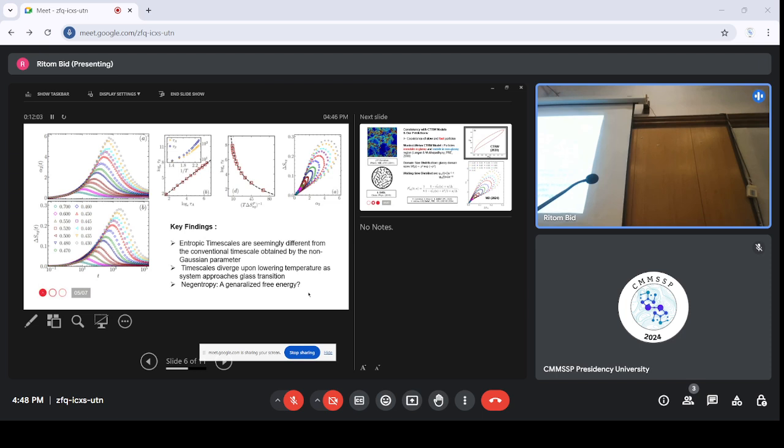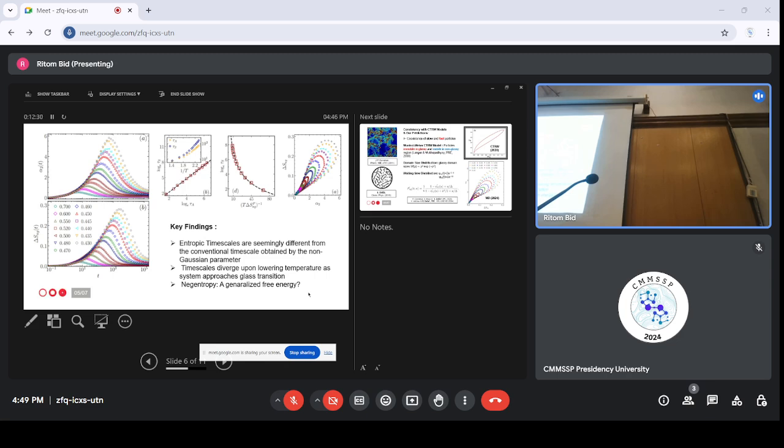Now, if we correlate the time scale associated with this and this one, that actually diverges as the system approaches the glass transition. The time scales diverge from each other, and the behavior between them forms some kind of loop. It means that at low temperature, when we are close to the glass transition, the deviation between these two also increases.